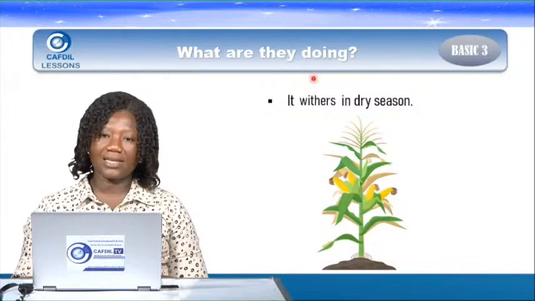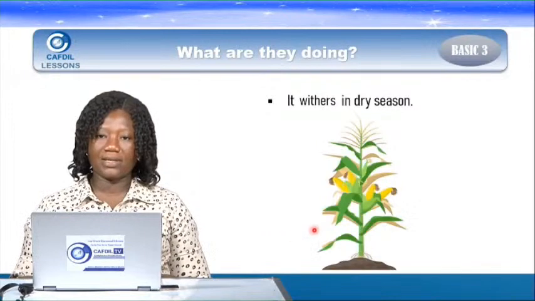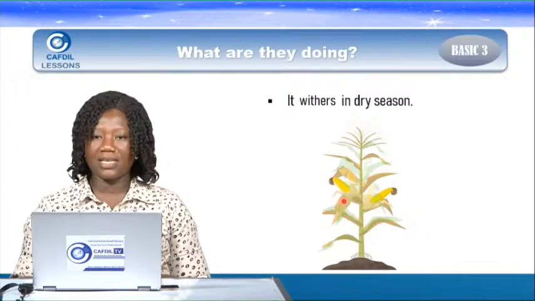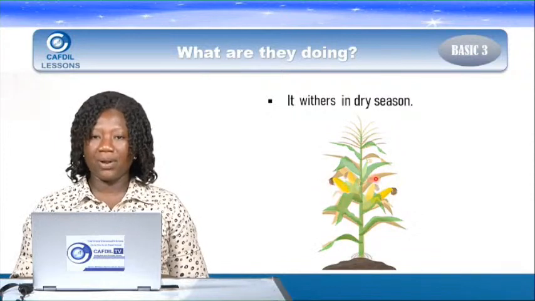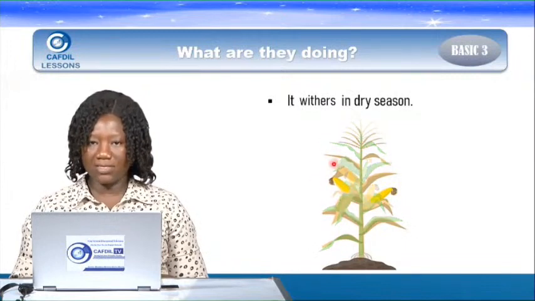Now let's look at the leaves. You see, the leaves are turning brown. Now it's green, it's turning brown. When the leaves turn brown, we say wither. All of you say it, wither.